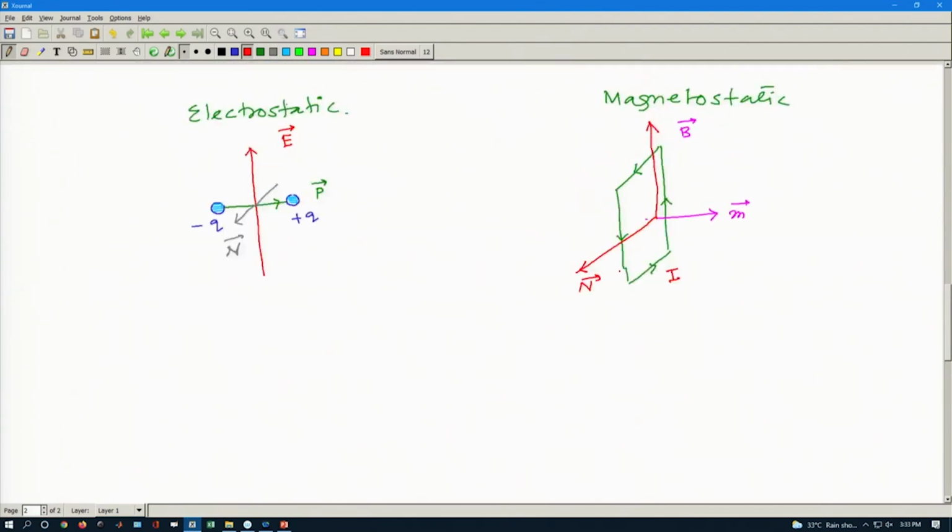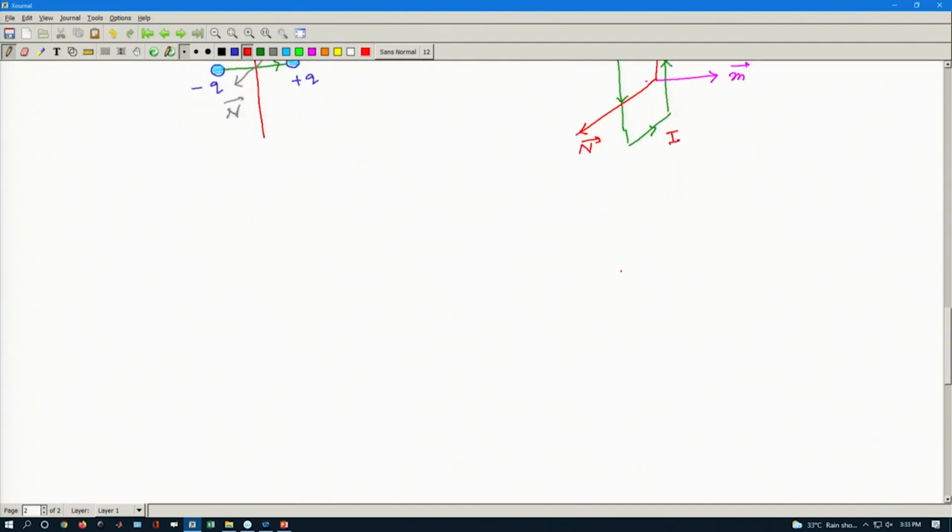For that, let us now discuss the meaning of orientational potential energy.